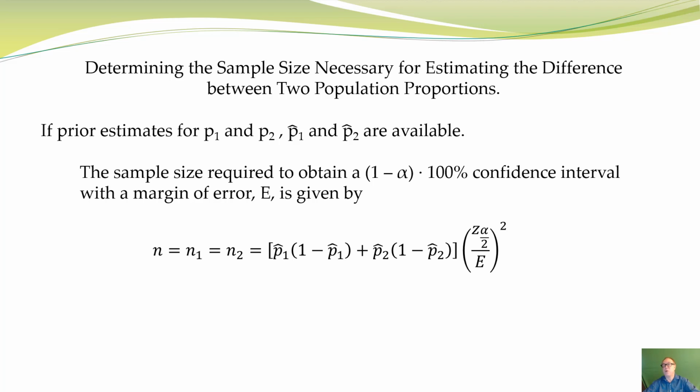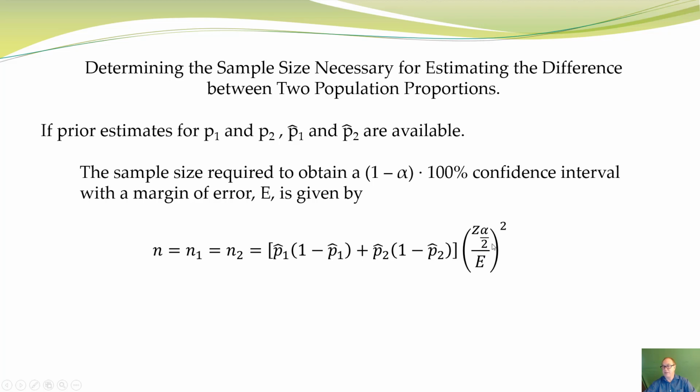So this would be for both samples. The sample size would be the same for both. So it's going to be P hat 1 times 1 minus P hat 1 plus P hat 2 times 1 minus P hat 2, times Z sub alpha divided by 2, all divided by E, quantity squared.